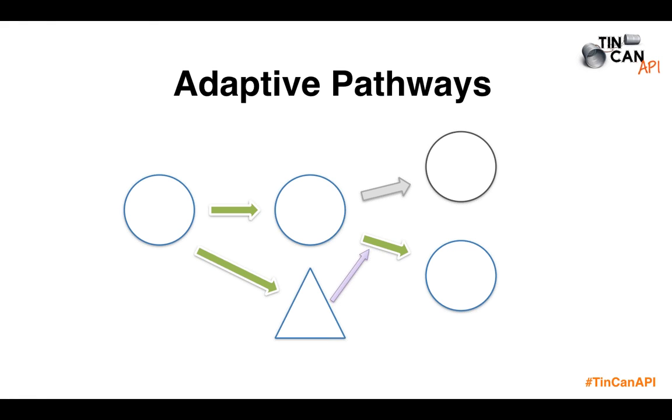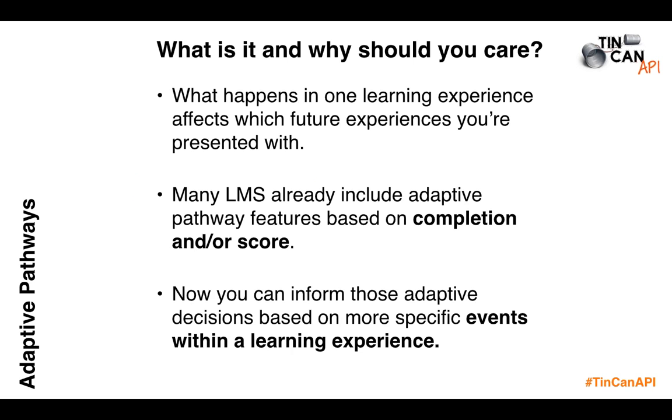Next up, adaptive pathways. This is quite similar to the better blended learning example, but in this case it's more about a learning management system. So the way this works is that what happens in a learning experience can affect which future learning experiences you're presented with. And like authoring tools have actions features, many LMSs will include adaptive pathway features, perhaps based on completion, based on score.